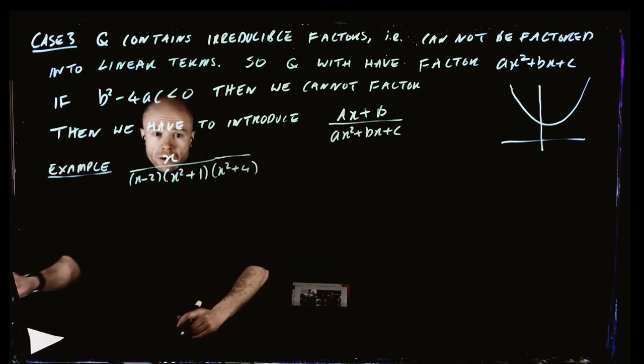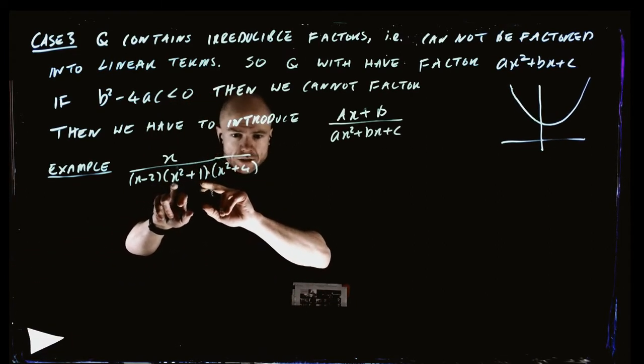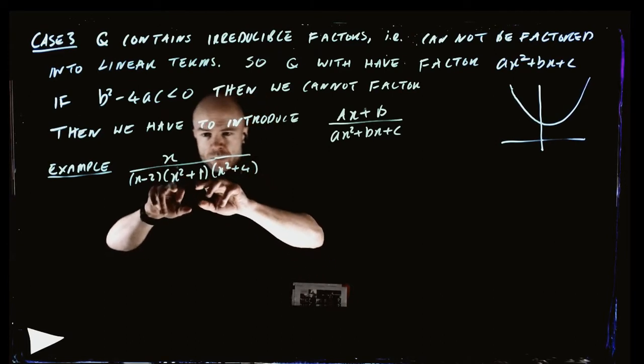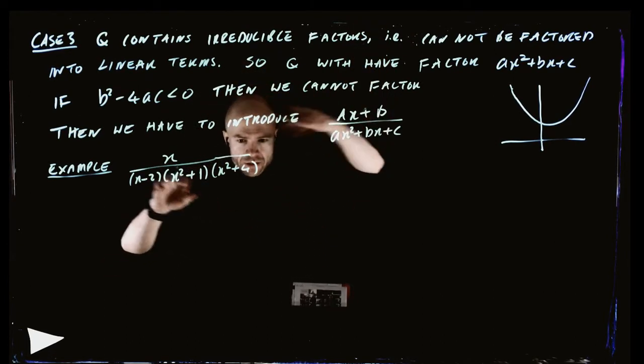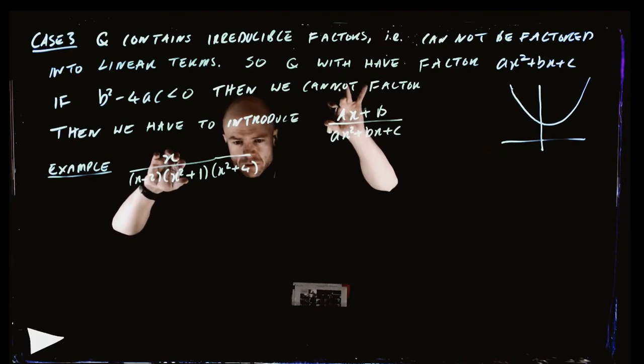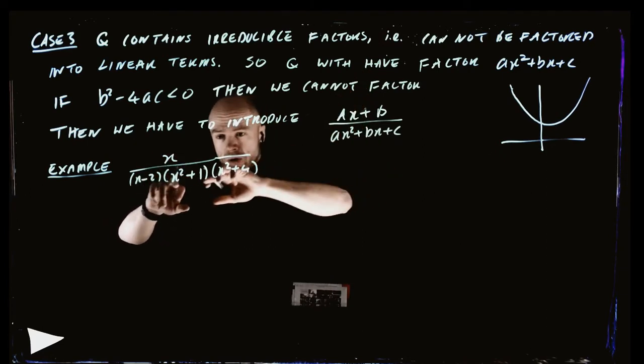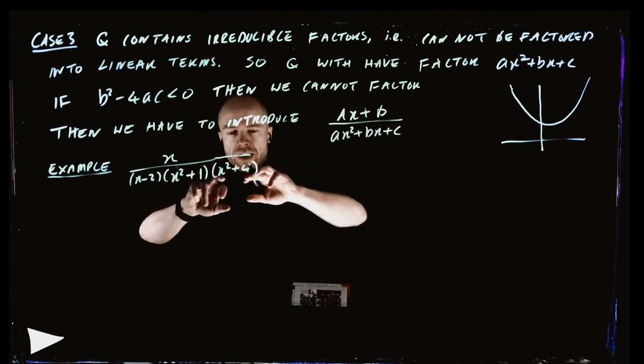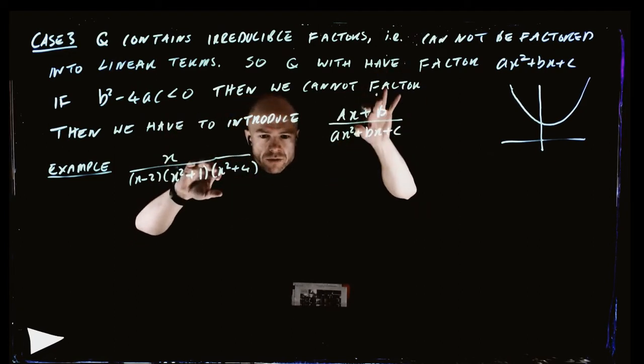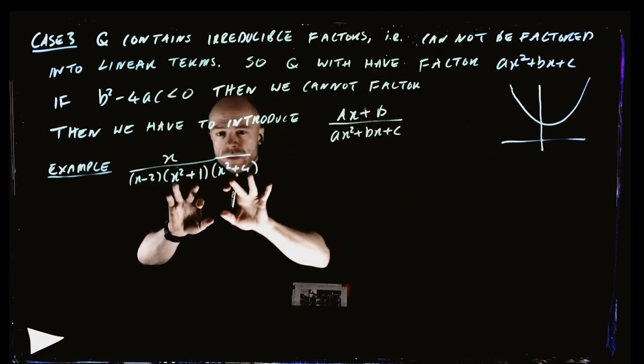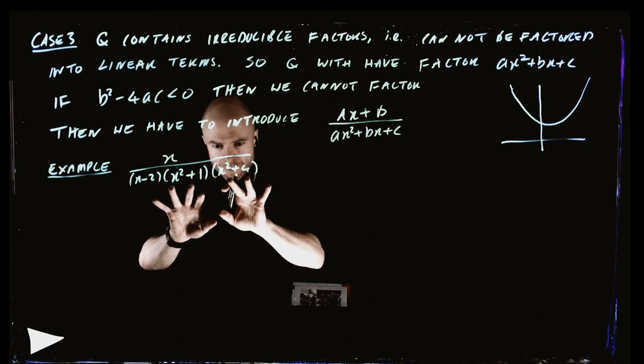This is a quadratic that cannot be factorized. We just see this lives above the x-axis; it's never less than 1, it's always at least 1. This one is never less than 4. So neither of these can be factored.